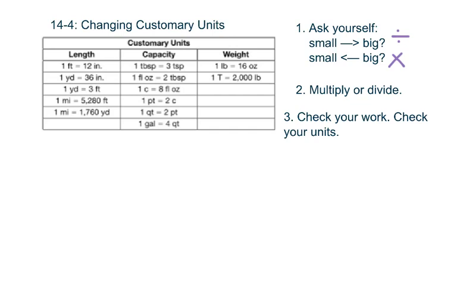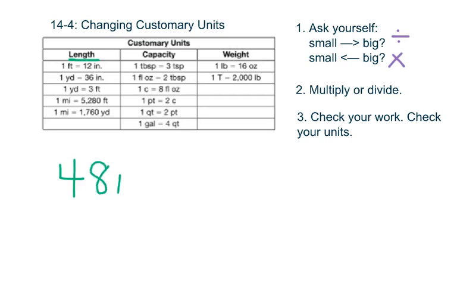Let's do a couple of example problems to help you with changing customary units. So first, I'm going to start with length. Let's say that I have a total of 48 inches. I want to convert it into feet.